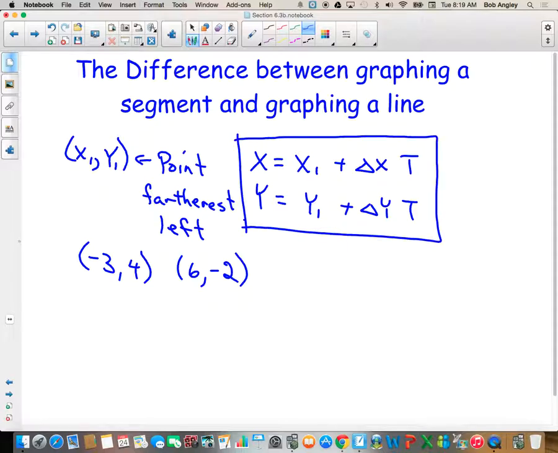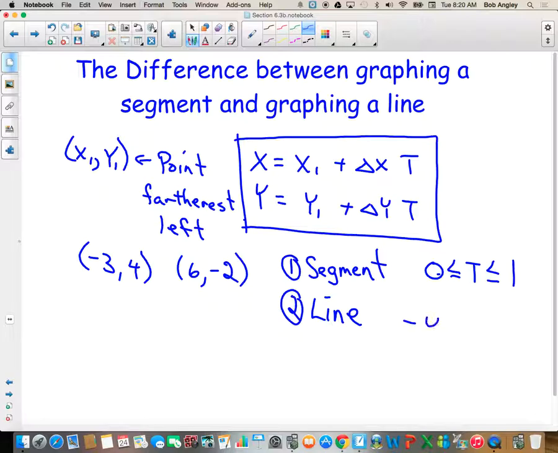If you apply this formula to get a segment whose endpoints are the 2 given points, normally we will need to let t go between 0 and 1. If we want to get a line, then it's the same thing, except t goes between negative infinity and infinity.